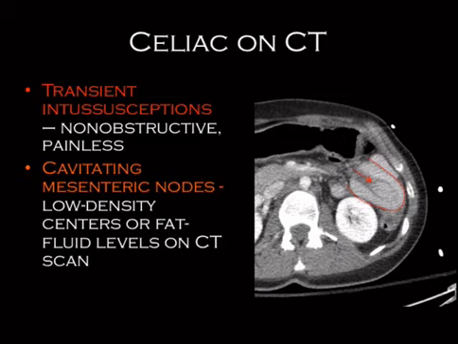And if they're going to do that, they need to show you one more thing, which is a cavitary mesenteric lymph node or a very low density lymph node. If you're really lucky, it'll have a fat fluid level in it. So there's this entity called cavitary node syndrome that celiac is associated with, where you've got a small or dysfunctional spleen, all these low attenuation lymph nodes, and severe villus atrophy, which would be difficult for them.